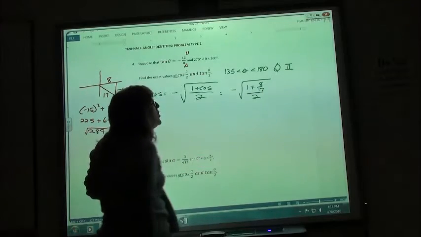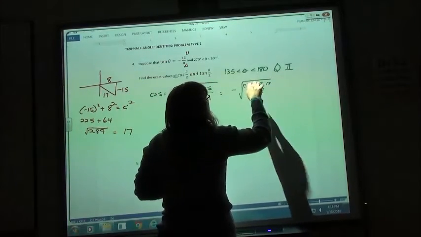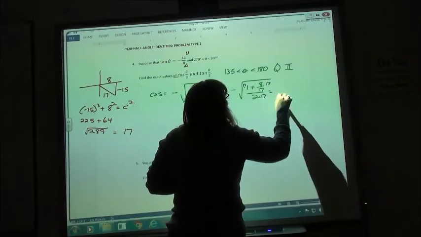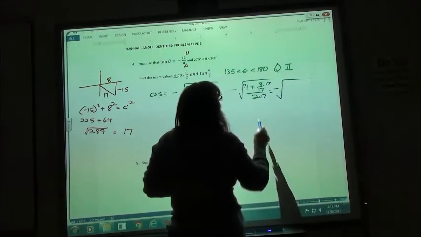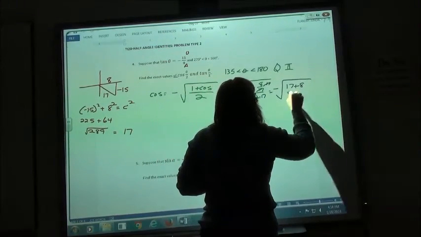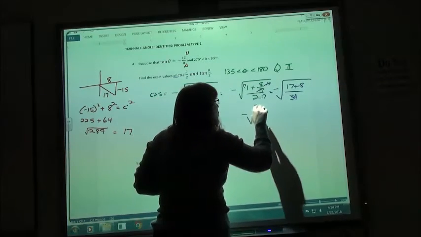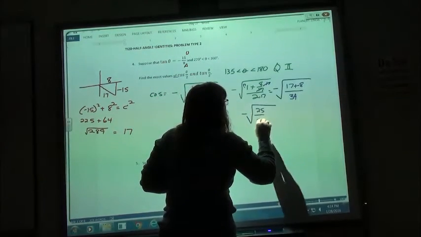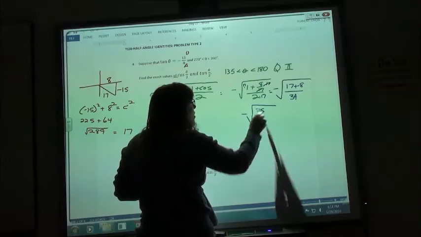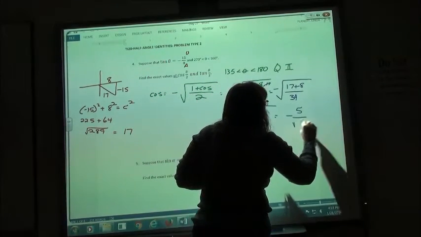Since I have that fraction, I'm going to multiply everything times 17. So I'm going to get 17, that cancels out, plus 8 over 34. So I get negative the square root of 25/34.